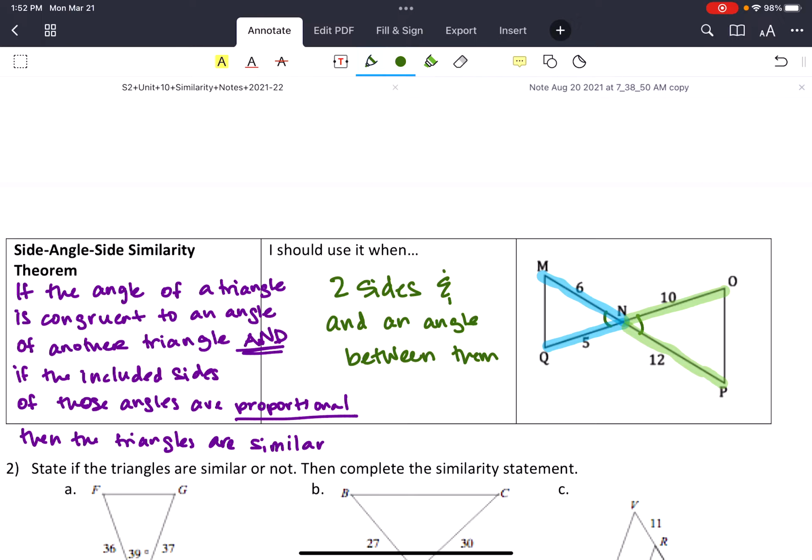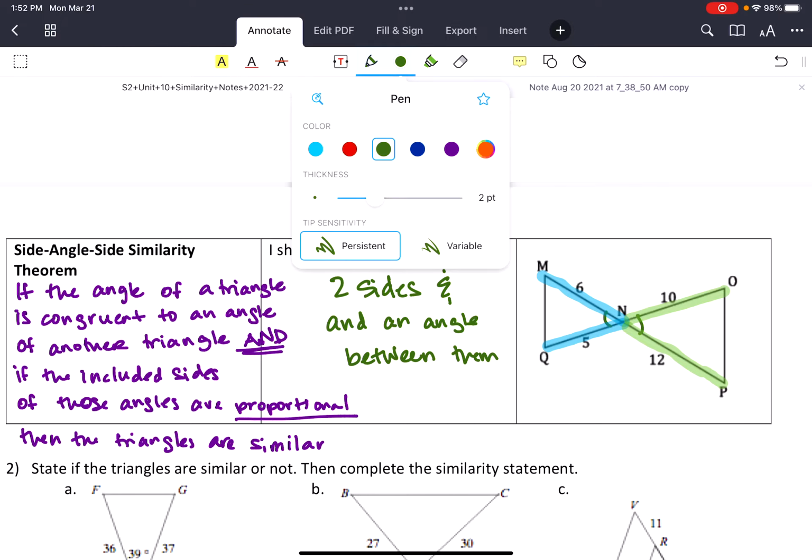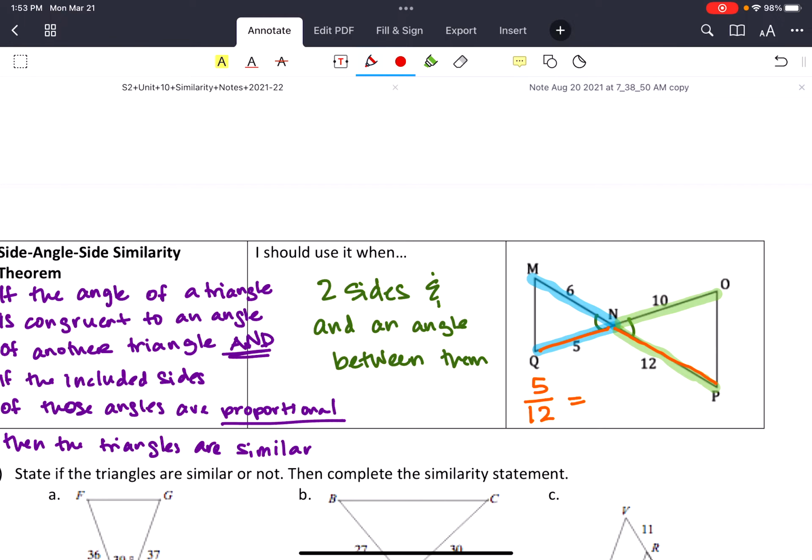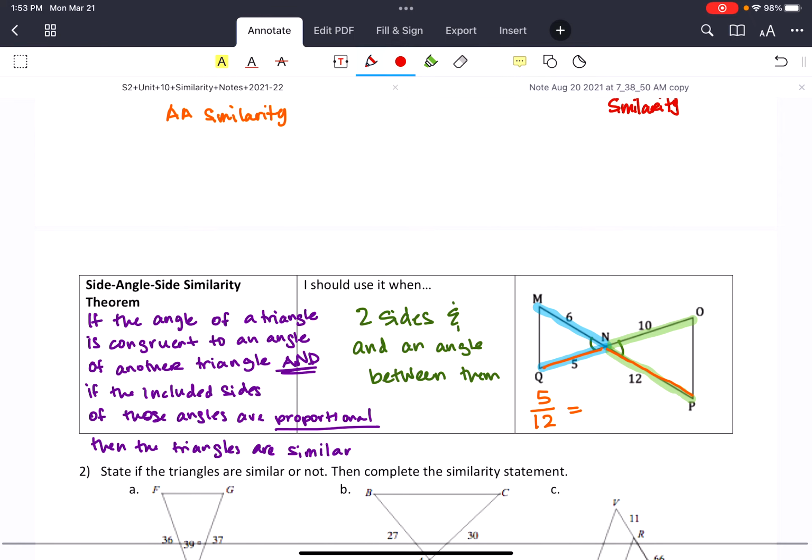So how we would set this up is this, let's change our color here. This 5, if I flip the triangle over, actually matches with the 12. So I'm going to do 5 over 12 is equal to, we'll do red, this 6 right here, if I flip it, matches with the 10. So that's 6 over 10.